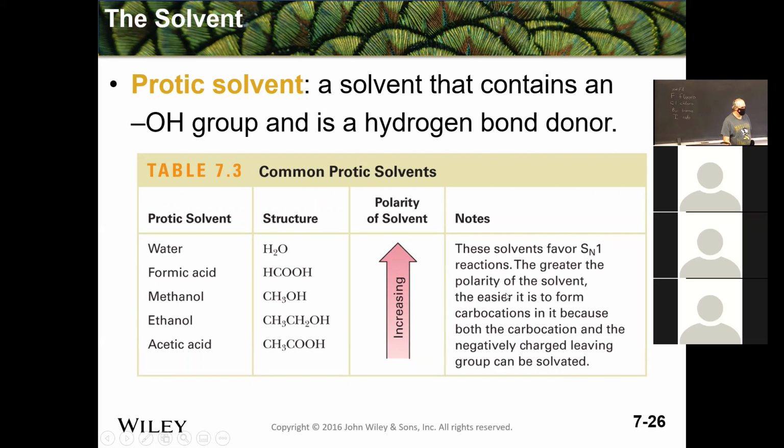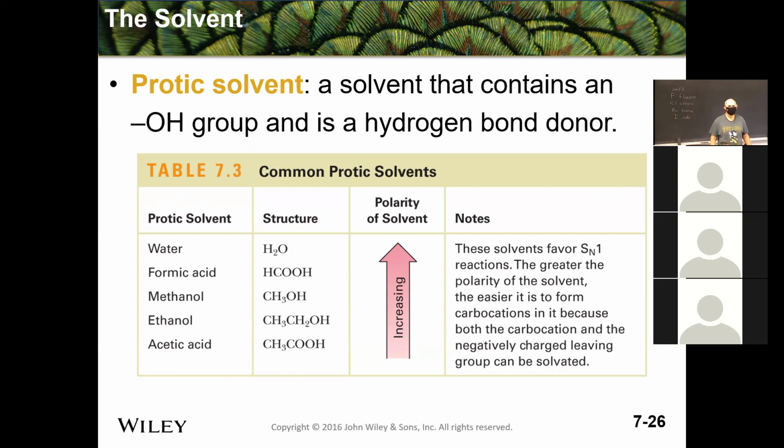The greater the polarity of the solvent, the easier it is to form carbocations in it, because both the carbocation and the negatively charged leaving group can be solvated. So among these, water is the best.